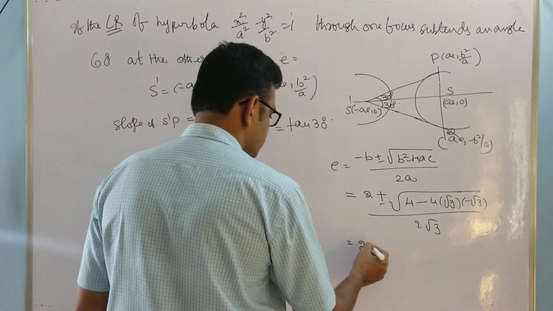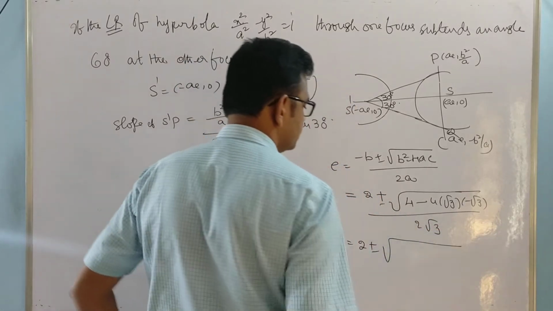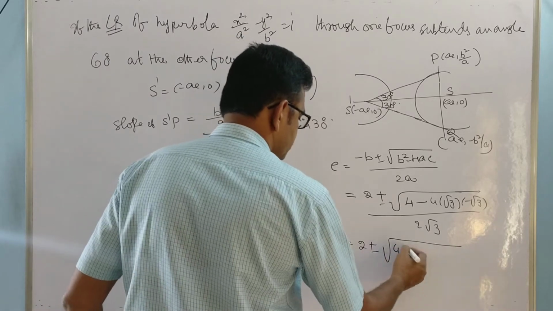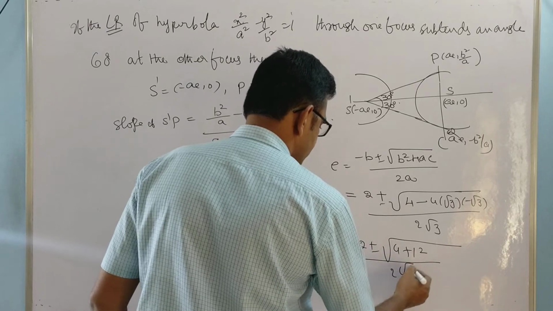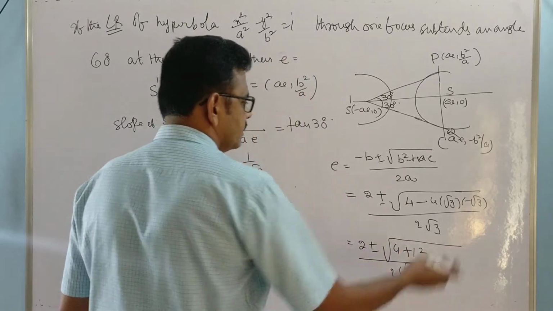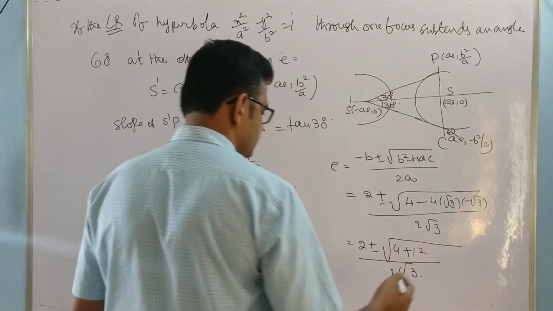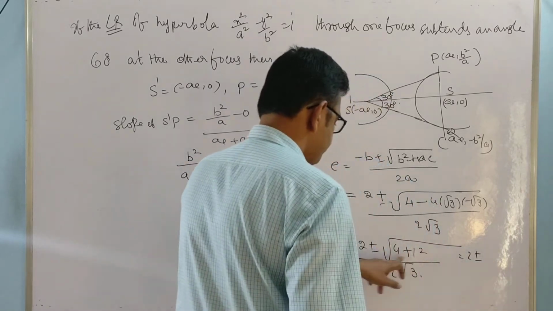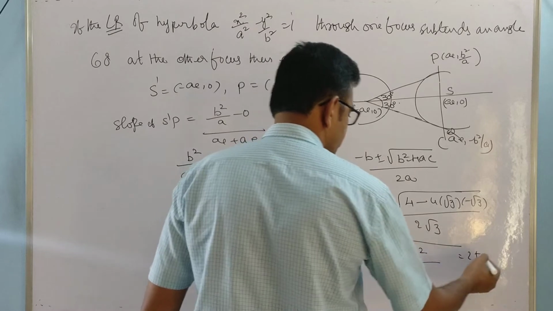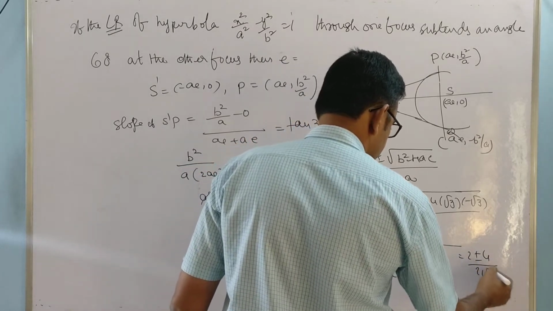That is 2 plus or minus root of 4 plus 12, by 2 root 3, which is 2 plus or minus root 16, that is 4, by 2 root 3.